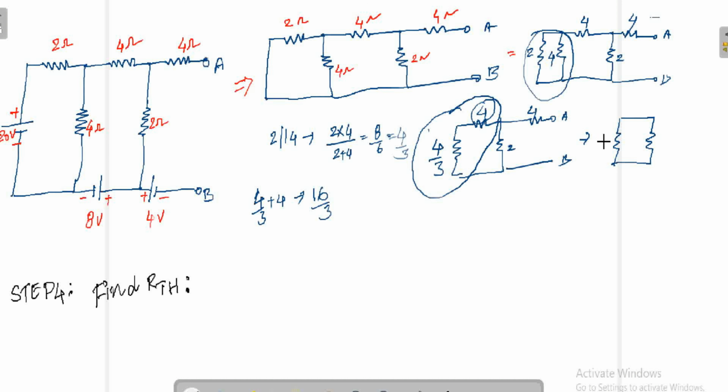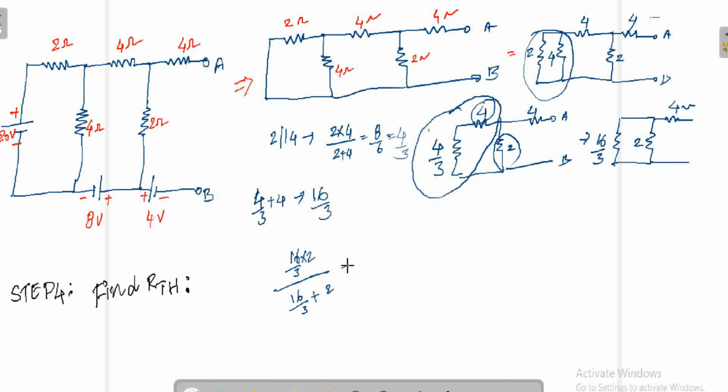This 16 by 3 comes into parallel with this 2 ohms, and here we need to connect our remaining 4 ohms. Now tell me, here this is the open circuit. How are this 16 by 3 and 2? These two are in parallel. So the equivalent resistance becomes 16 by 3 into 2 by 16 by 3 plus 2.